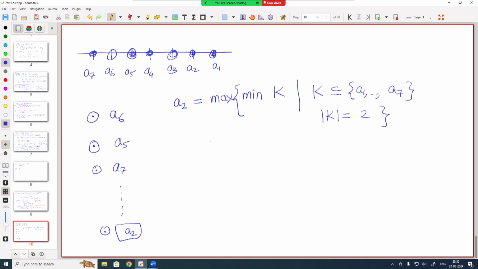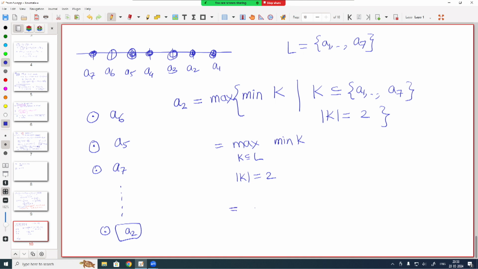So, this is max over min, max min if you wish. We do not often write it in the set notation. So, max over k, subsets of this ambient set, let us give this set some name, L. Okay, this is A2.